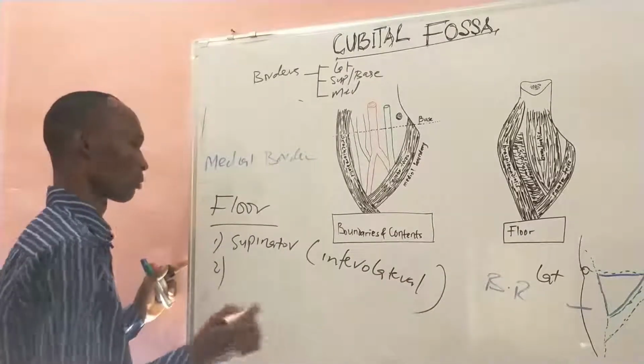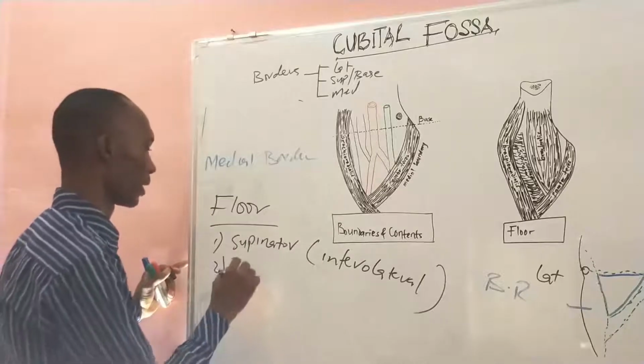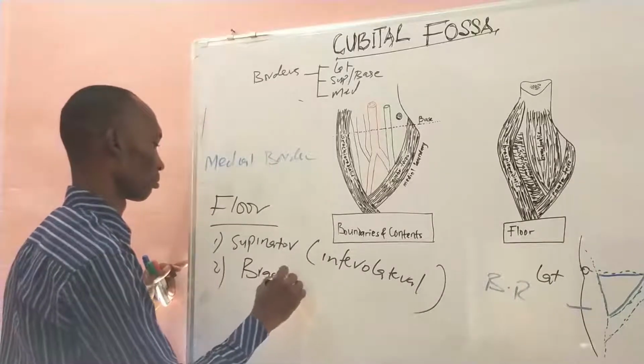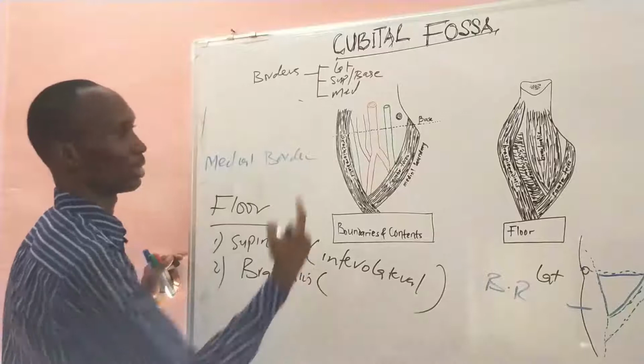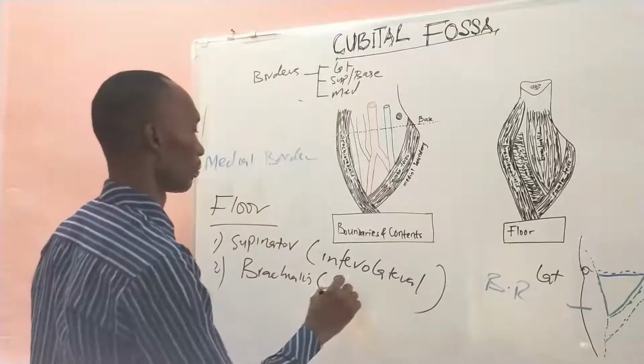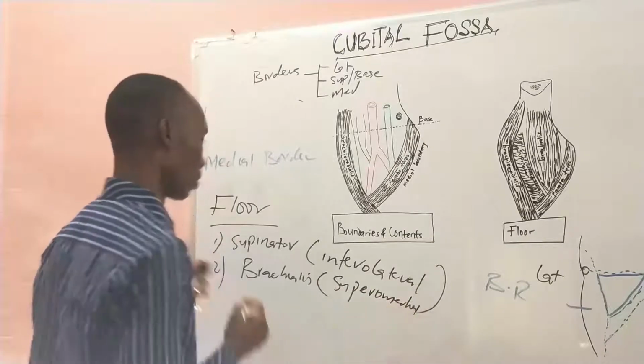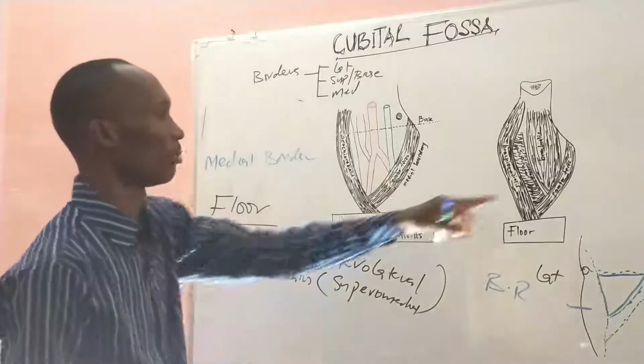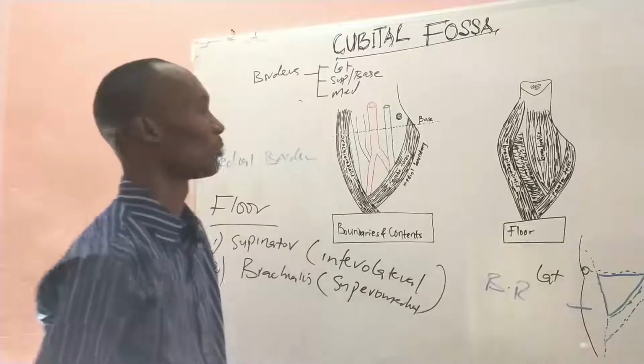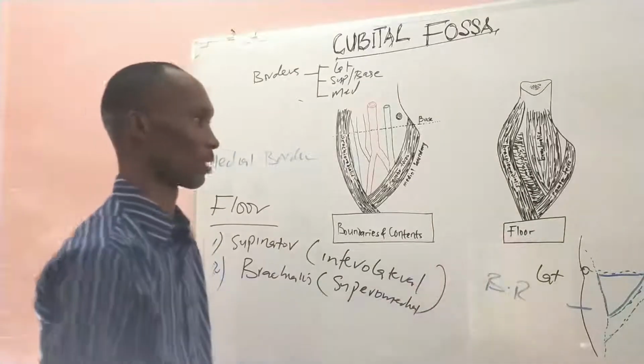Now the next muscle forming the floor, as we said, is the brachialis, and this is in the superomedial part. So these two structures form the floor, as you can pick from this diagram.